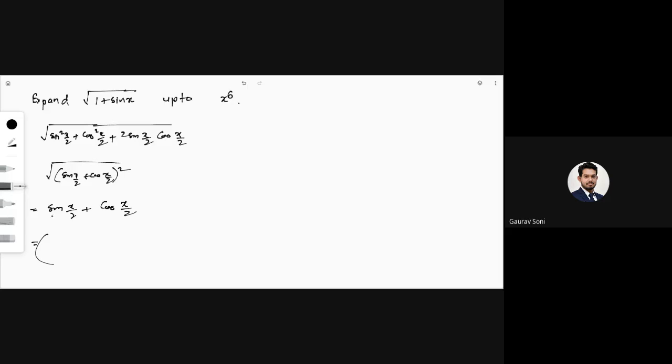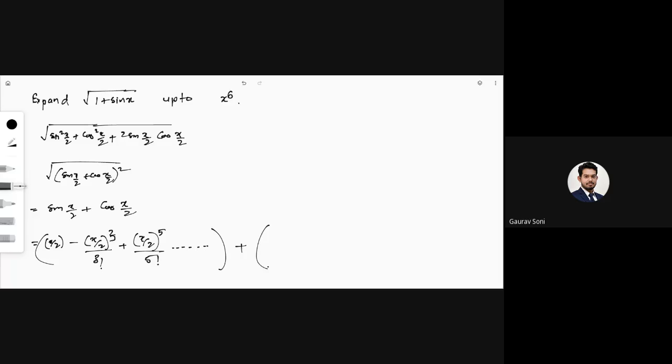So the expansion of sin x by 2 is x by 2 minus x by 2 whole cube upon 3 factorial plus x by 2 raised to 5 upon 5 factorial. Next power is x raised to 7, so I will leave it.